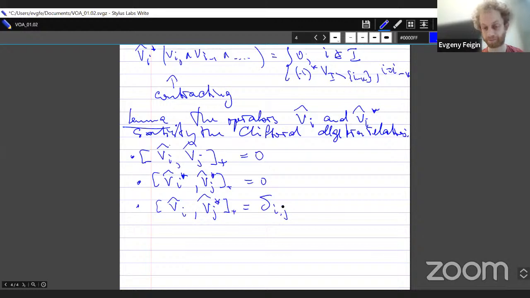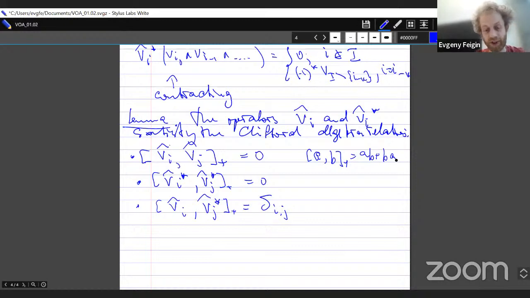Do we have to discuss this in more detail, or are these relations familiar? The definition: {A, B} = AB + BA is the so-called anti-commutator.